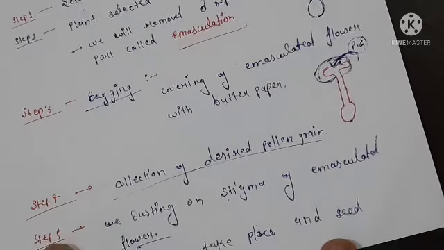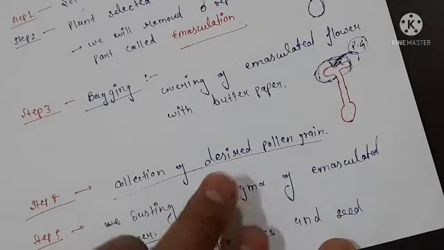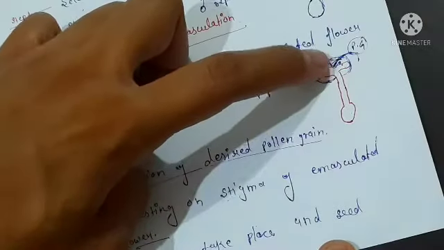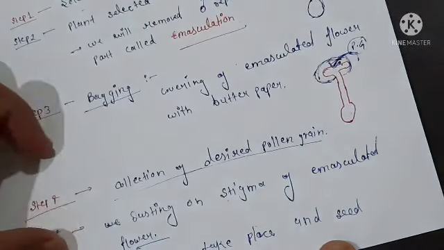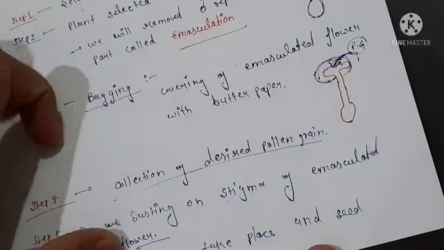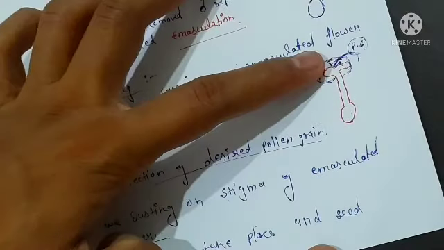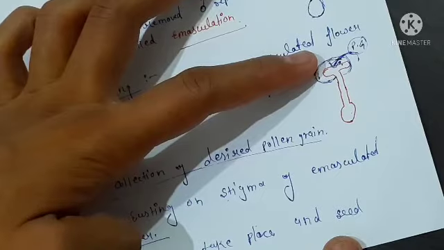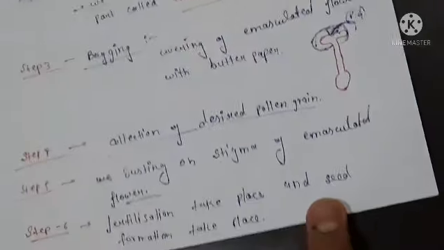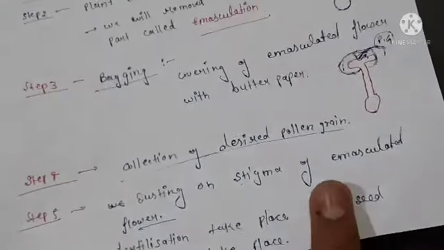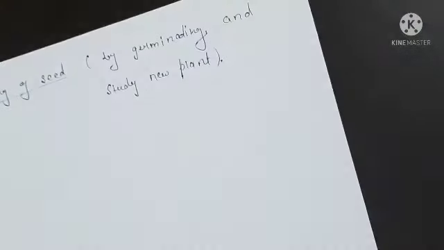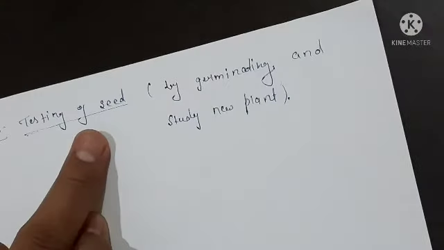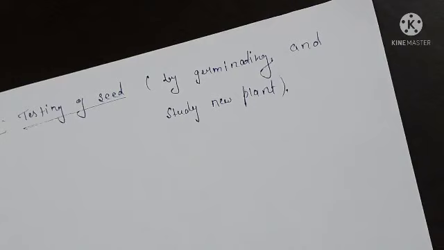In step 5, we dust the desired pollen grains over the stigma. In step 6, if pollen grains come in contact with the stigma, fertilization takes place and seed formation takes place. And the last step is testing of seed, by germinating and studying the new plant.